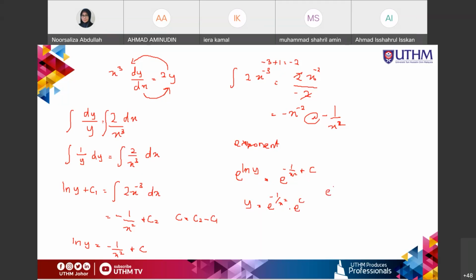So exponent c adalah constant. So y equals C exponent minus 1 over x square. So this is your answer.